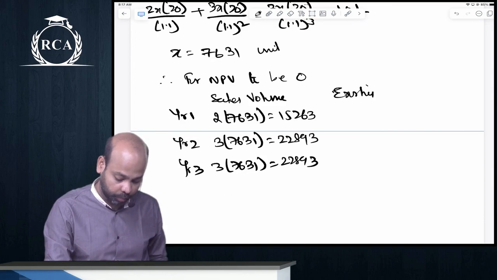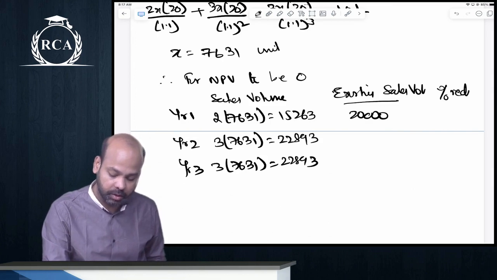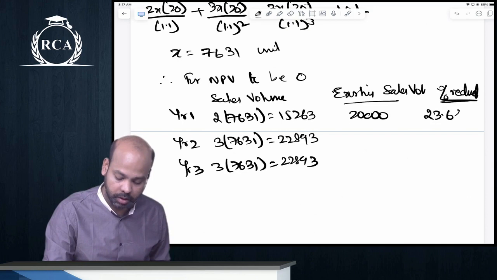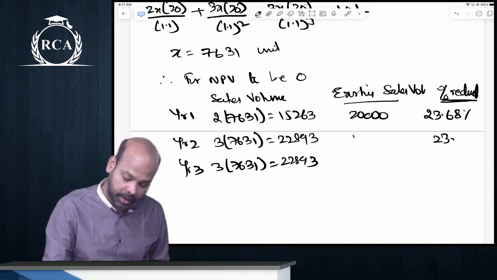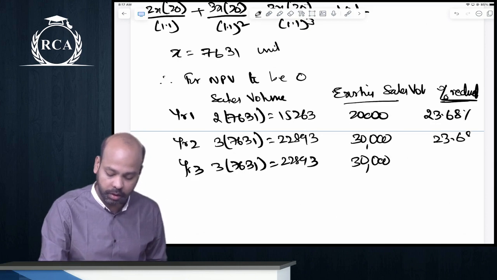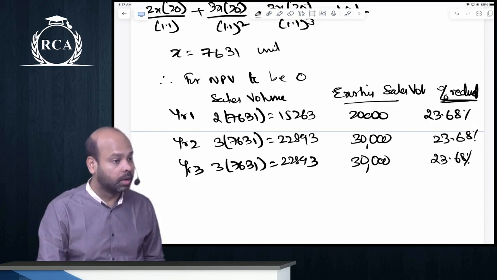What is the existing sales volume, beta? 20,000. Percentage reduction 23.68. You can pick up any one year, beta, you will get the same answer. You do not have to do all the 3 years.